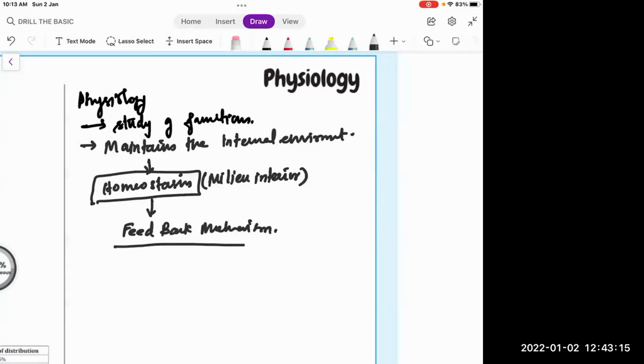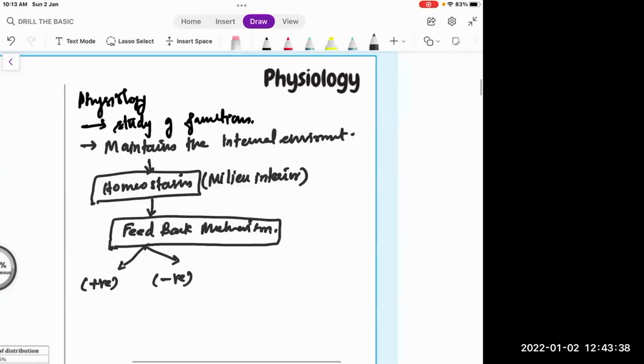So what is this feedback mechanism? Whatever changes are happening in our body, the signal is sent to the higher center. In this feedback mechanism, you have positive feedback mechanism and negative feedback mechanism. We will be seeing the introduction of the feedback mechanism.